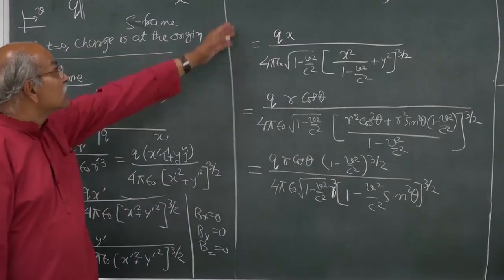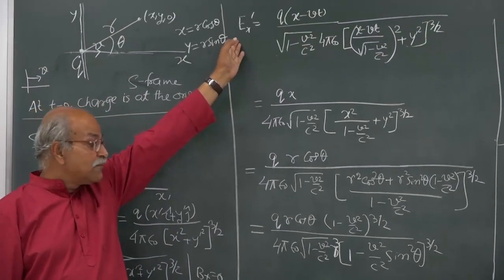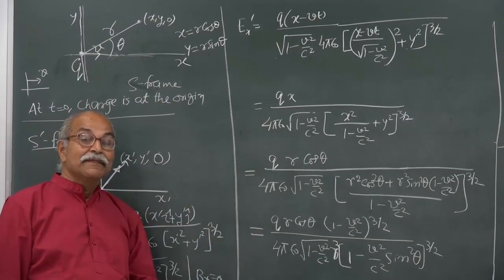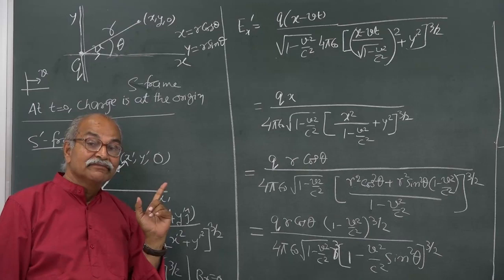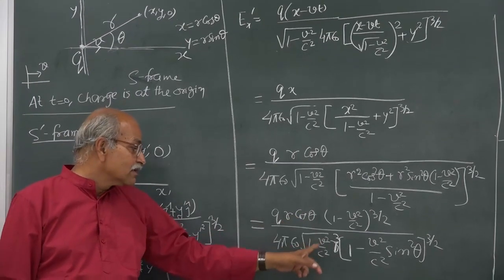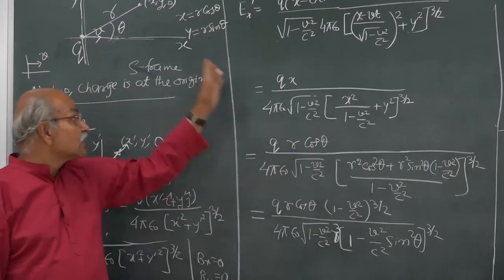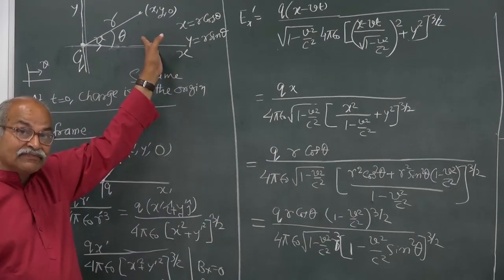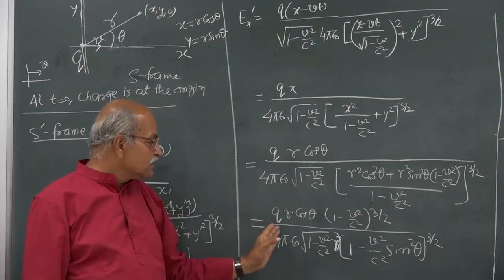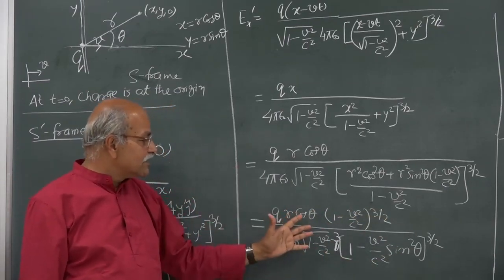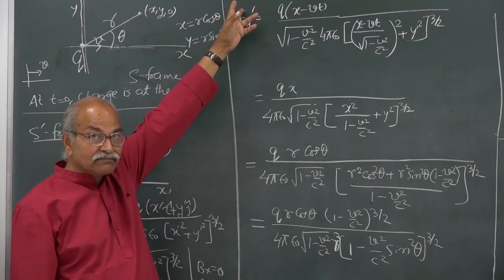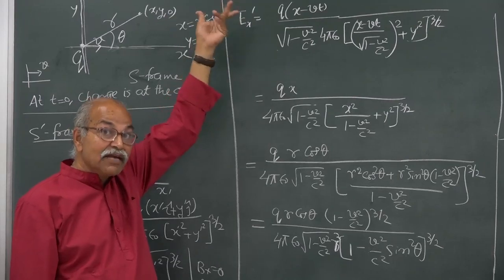Now, this was E x prime. I am still writing the electric field component in S prime frame, remember, expressed in the coordinates r and theta, which are coordinates from S frame. So, although these coordinates are from S frame, the field that is being written is E x prime, and similarly now I will write E y prime.